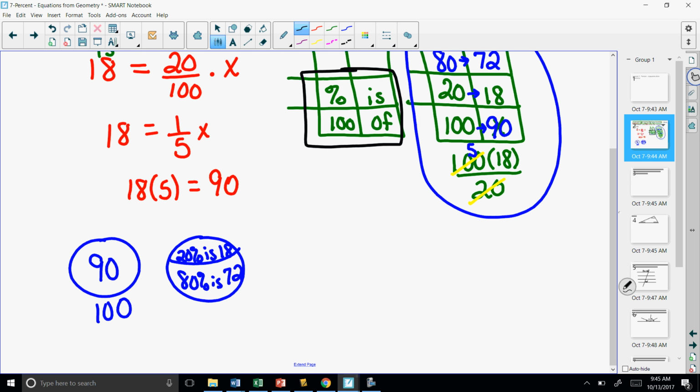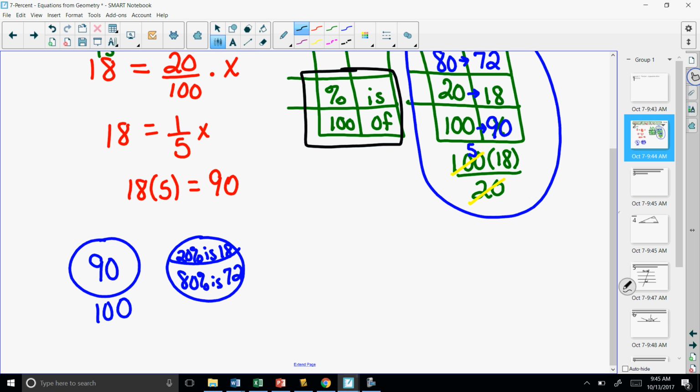Percent over 100 equals is over of, and then you can just erase and start to fill in based off of your sentence. Percent over 100 is over of. Can you repeat that?